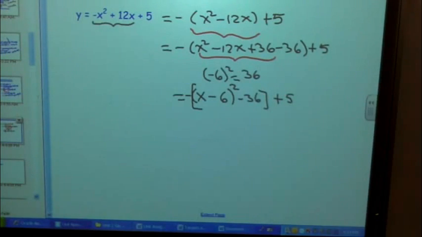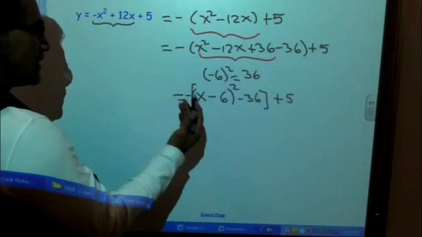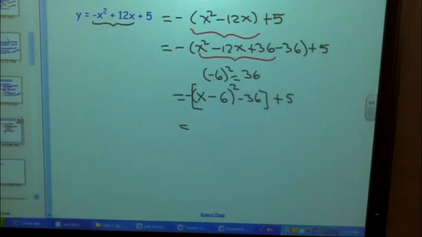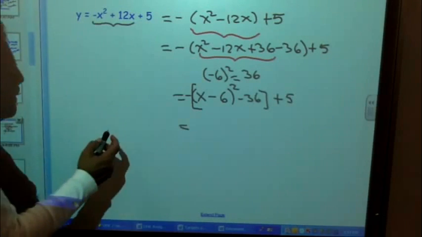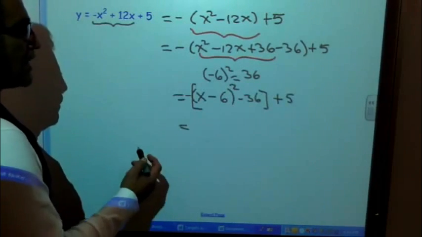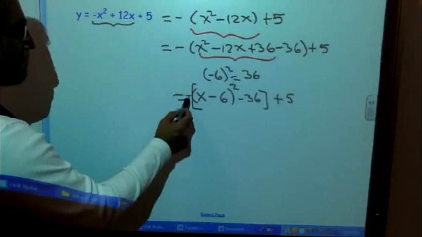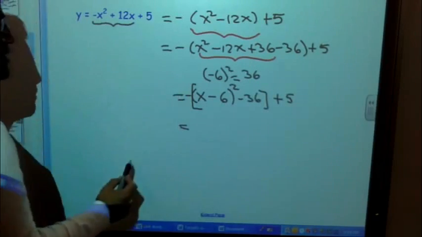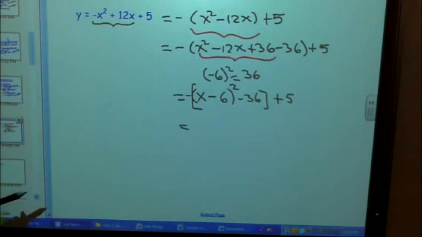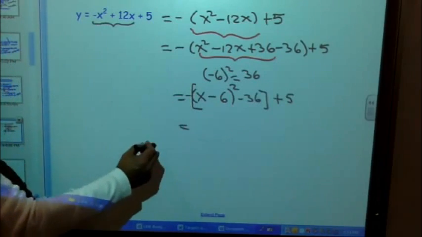Now I'm going to remove this bracket. Remember, although it's not written explicitly, I have a -1 here. So I'm going to multiply -1 times my bracket.